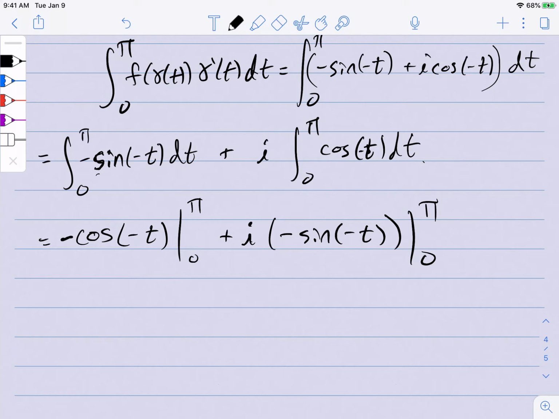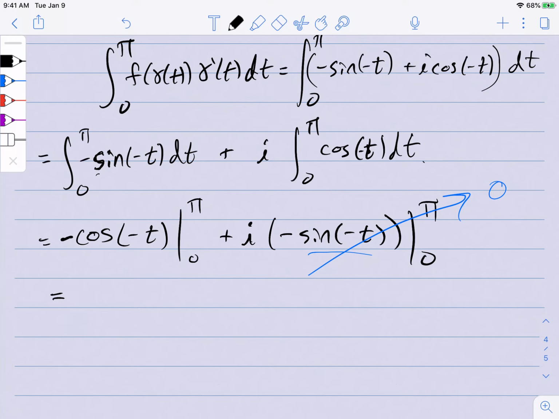Okay, and now we evaluate. It just so happens that sine of 0 is 0, and sine of pi is also 0. So this part is 0. And let's see, so cosine of negative pi is, I think, minus 1.